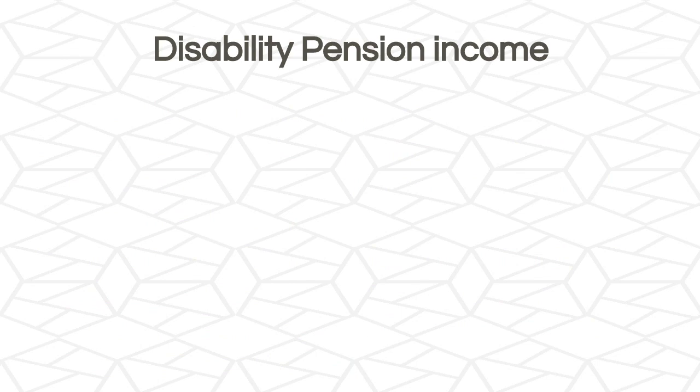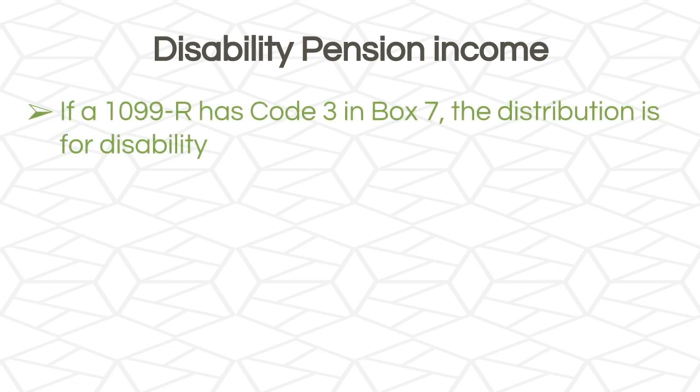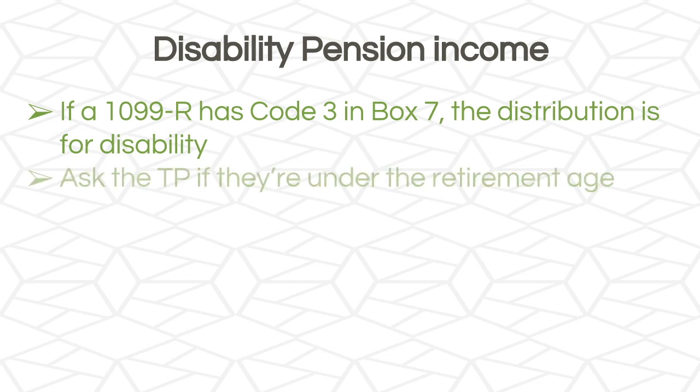Now, this next bit is something we're going to talk about more in Unit 2, but disability pension income can also pull through to line 7 of the 1040. This is typically when a 1099-R has code 3 in box 7, and the taxpayer is under retirement age for that particular plan.